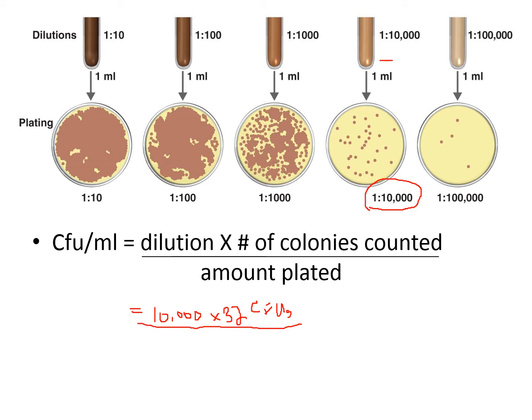In this example, we would have used 1 mil. So 32 times 10,000 is 32,000, and then we get our CFUs per mil here. So we have 32,000 divided by 1, which is 32,000 CFUs per mil.